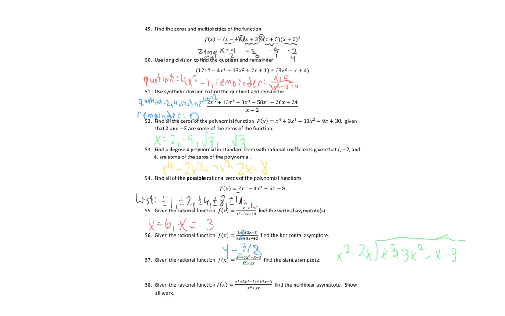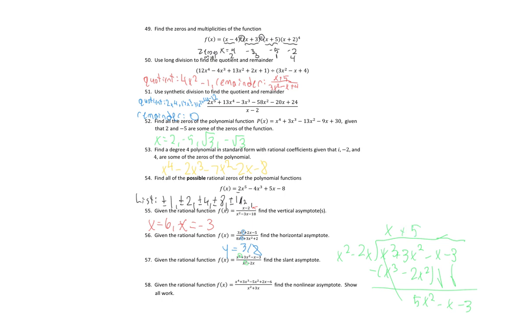What do you multiply x squared by to get to x to the third? Well, it's another x. Multiply each of those by x, and then we just subtract them. x cubed minus x cubed, those cancel. 3x squared minus 2x squared is going to become 5x squared. And these just come down. So what do I multiply x squared by to get to 5x squared?